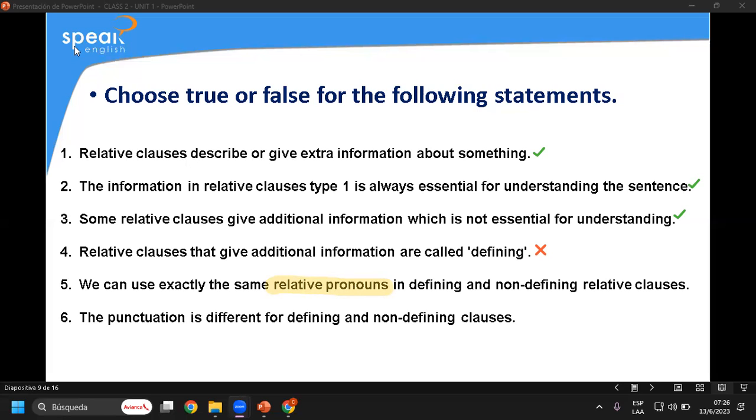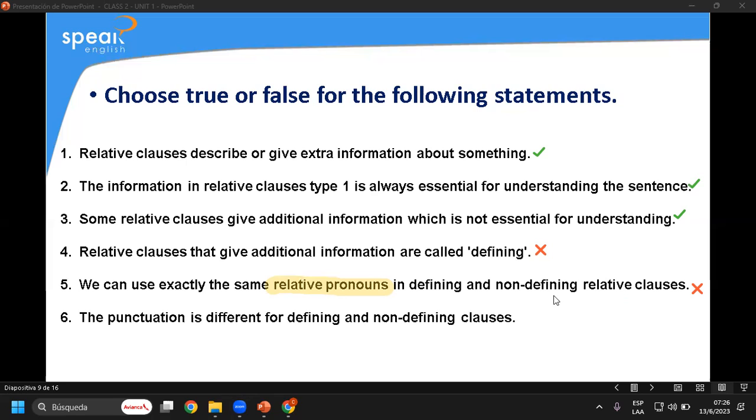I think yes, except for that. Very good. Exactly. We can use all of them except that. In which relative clause can I not use that? In the defining or in the non-defining? Non-defining. Exactly. When we are using non-defining clauses, we cannot use that. Excellent. So far, so good, guys. You have the correct answers.